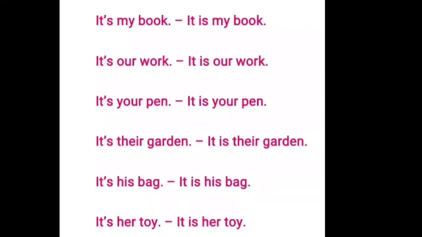It is their garden. It's his bag. It is his bag. It's her toy. It is her toy. These are examples in simple present tense.